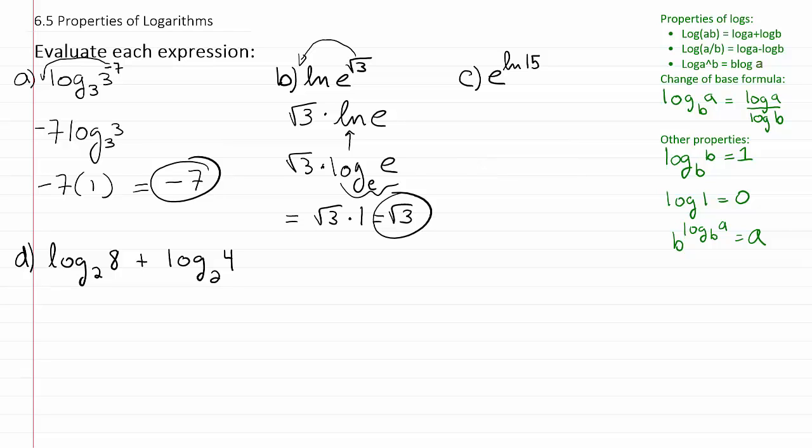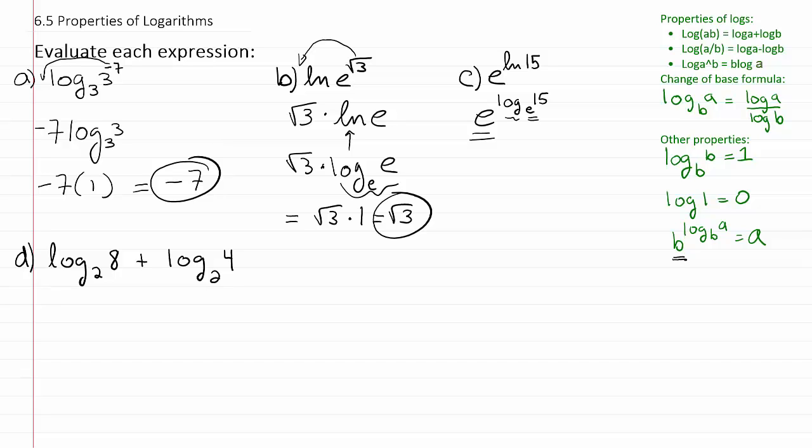All right, from here, let's look at example C. To evaluate C, we might want to rewrite it first. In other words, we'll take that ln and say that it's what? Log base e. So when we say ln of 15, we're saying log of 15 base e. Now look, this base matches up with this base, and we have the log in between, right? That's what we're looking at right here.